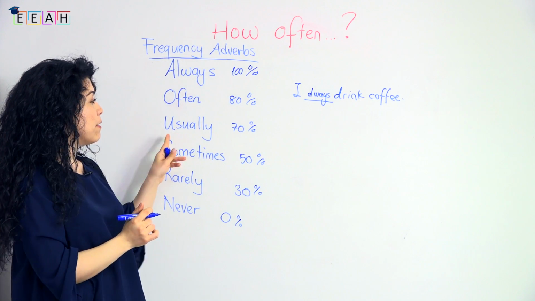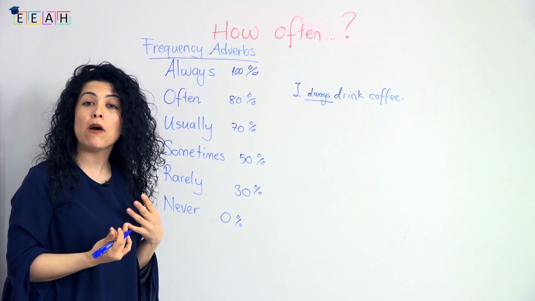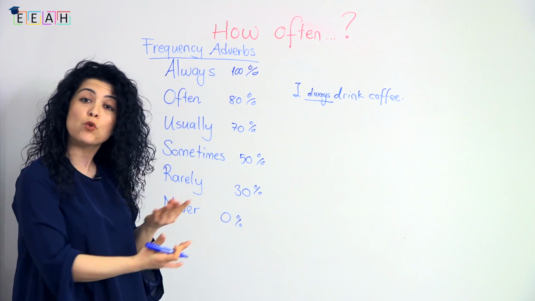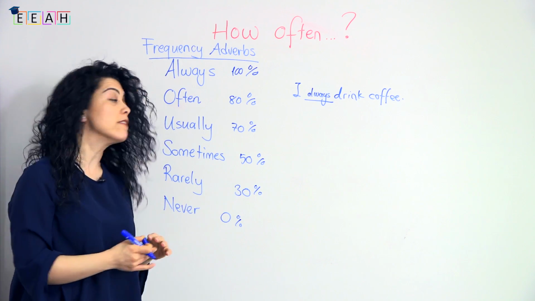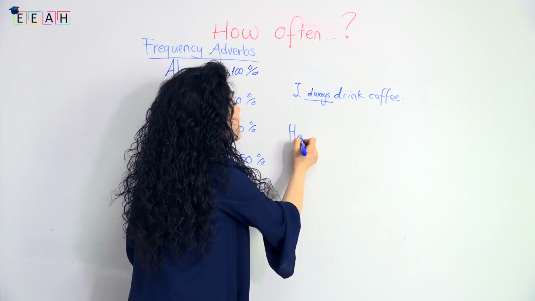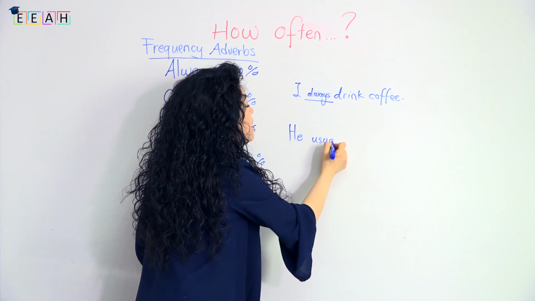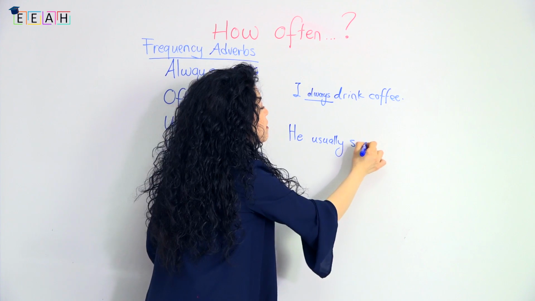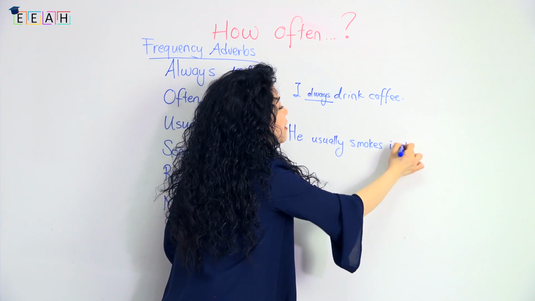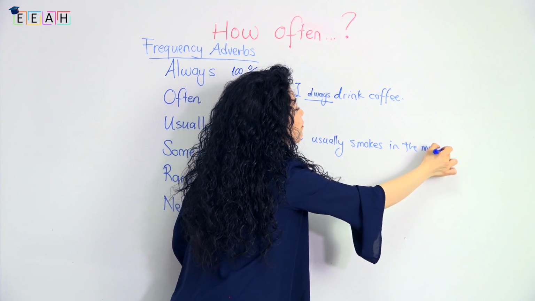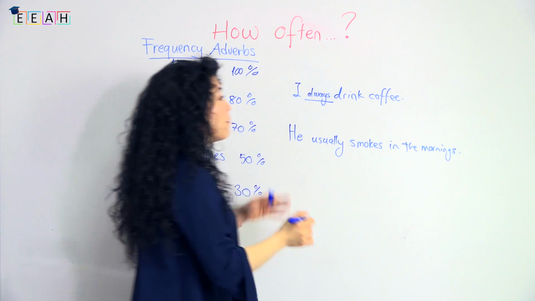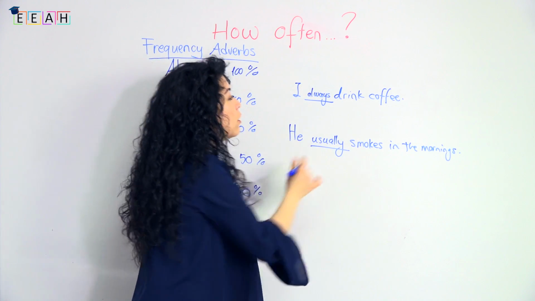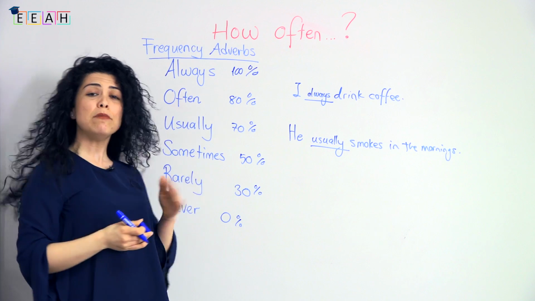Let's think of another example, usually. Let's think about my brother. My brother usually smokes in the mornings, right? So, he usually smokes in the mornings. We talked about two habits. Always, usually, sometimes.